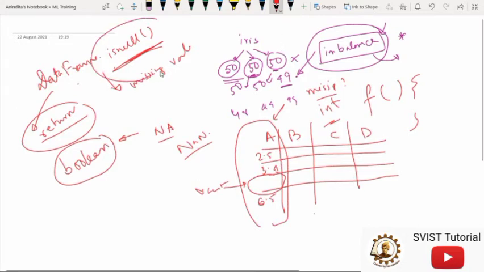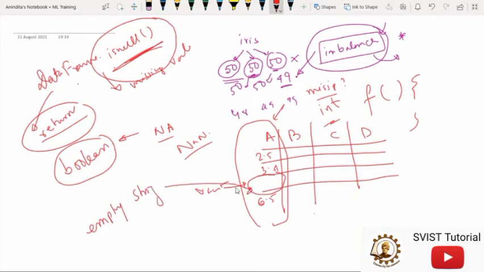The problem of this function is, whenever I am dealing with an empty string like this, it will not be able to identify the empty string in your data set as a missing value. So just note this point.